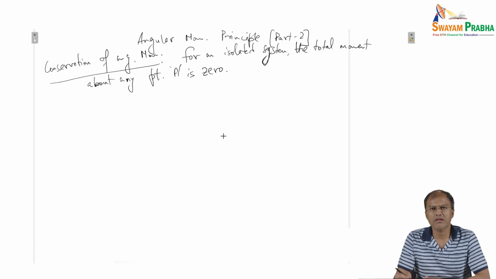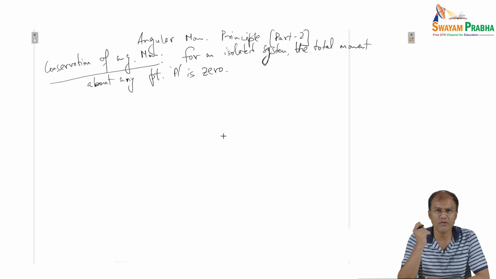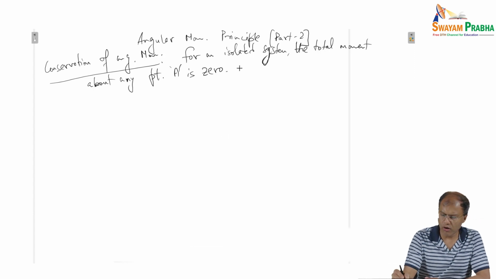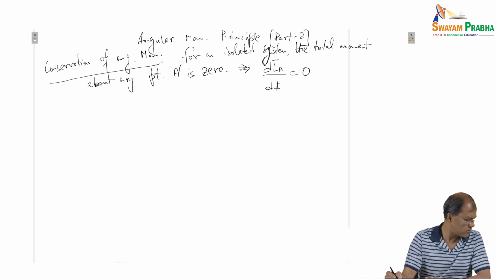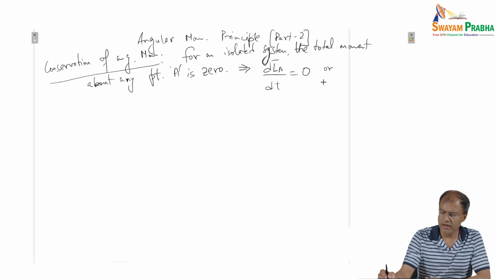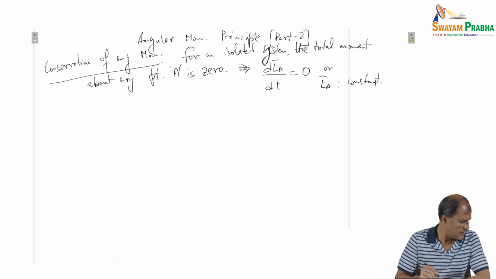So that is what the conservation principle says, that there is no net torque acting on the system which is isolated. Or we can write this in the form of a formula that dL_A/dt is 0. So there is no net torque acting on the system, or L_A is constant with respect to time, right?